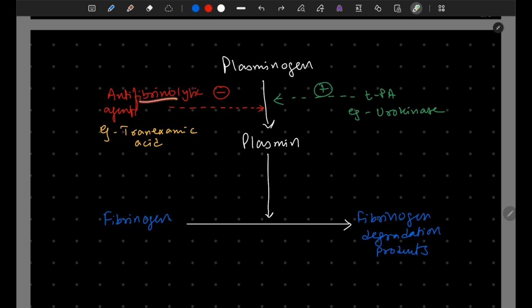So an antifibrinolytic agent like tranexamic acid doesn't let plasminogen convert into plasmin, and so the clot which is already there doesn't dissolve, which leads to decrease in blood loss, leading to better haemostasis if needed intra-op.